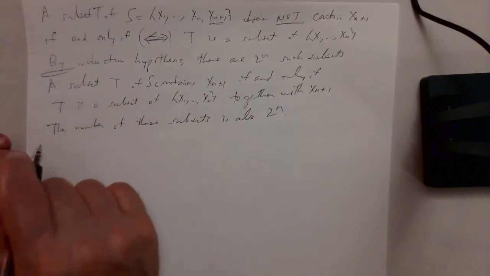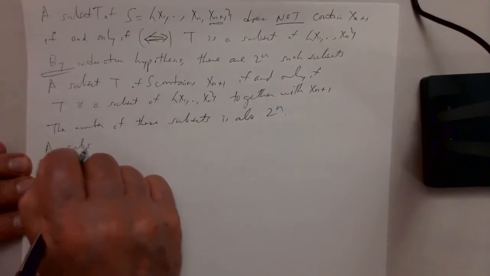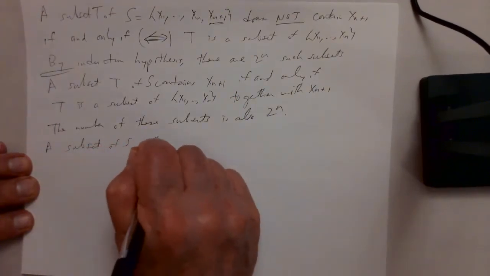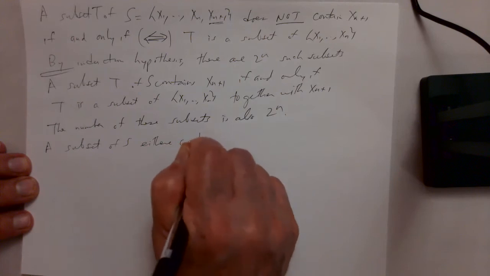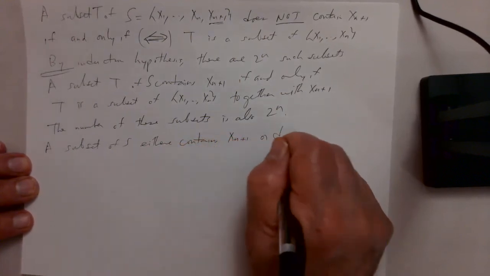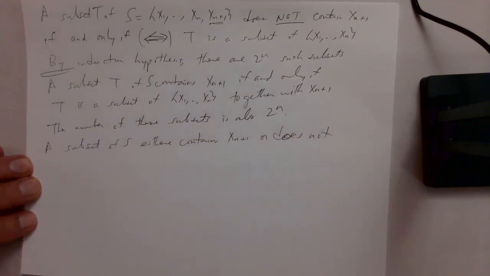And then we make the following very simple observation. A subset of S either contains xn plus 1 or it does not contain it. So we've divided the subsets of S up into two groups.